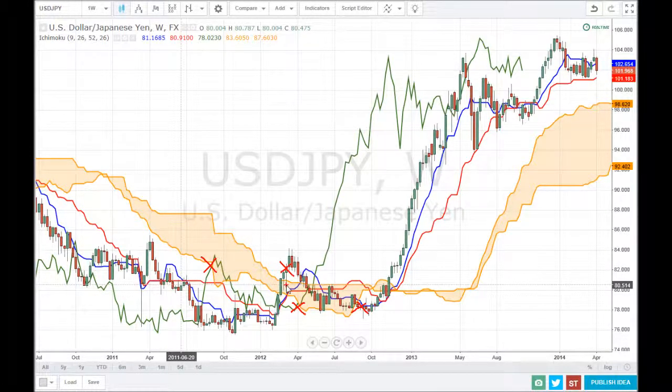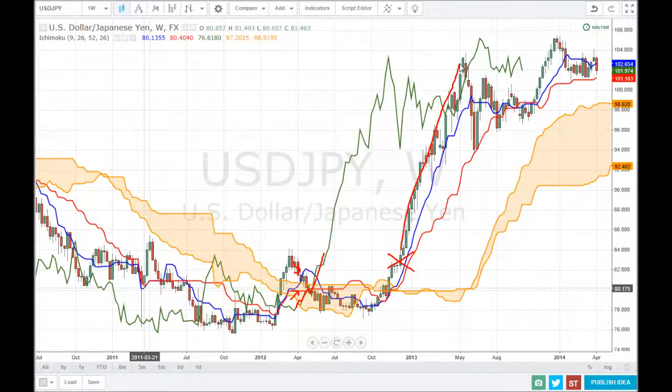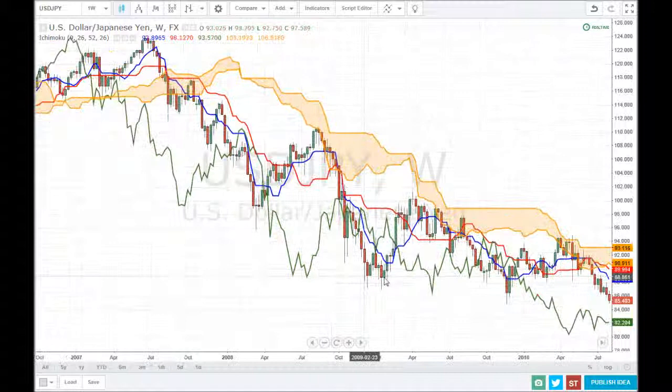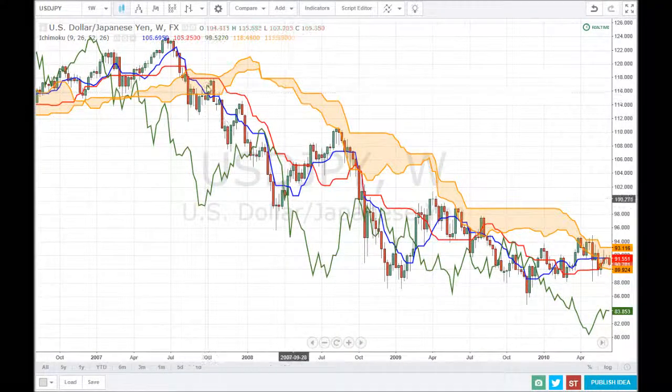So two false signals, but then this last fourth signal, which is a break here. So the green line is here, comes up, breaks this blue and red. So go long here would have gained us a huge profit as price moves strongly on the upside, similar to the first signal we looked at when price moved on the downside.